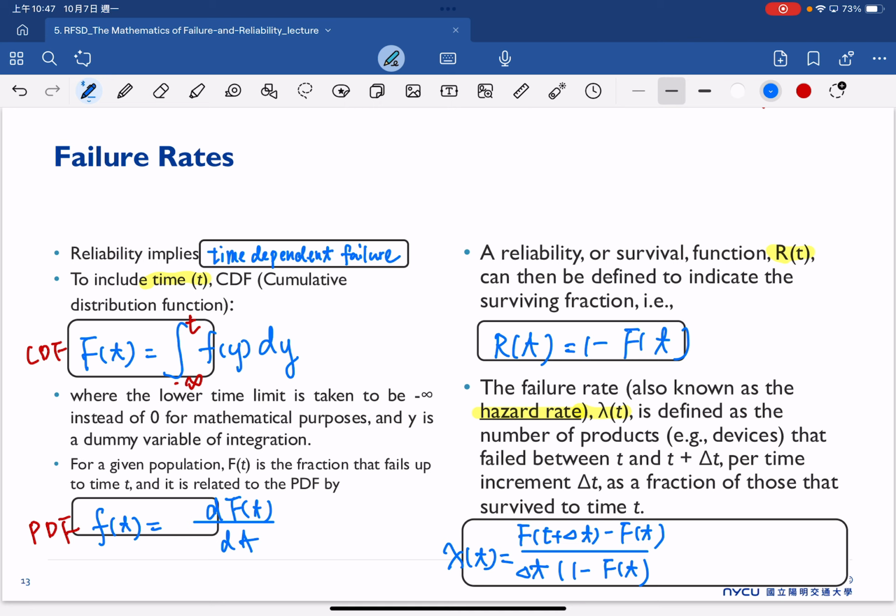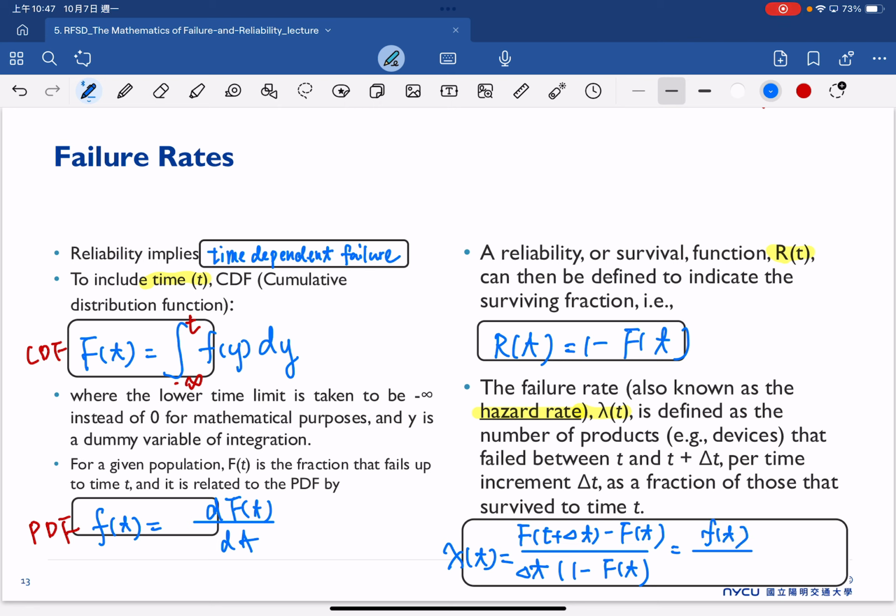The reason we divide by 1 minus F(t) is that we have to divide by the reliability function. So in the end, this becomes the small f(t).